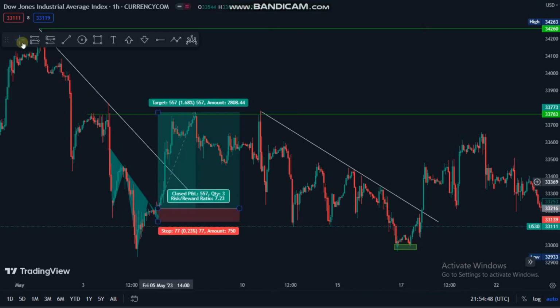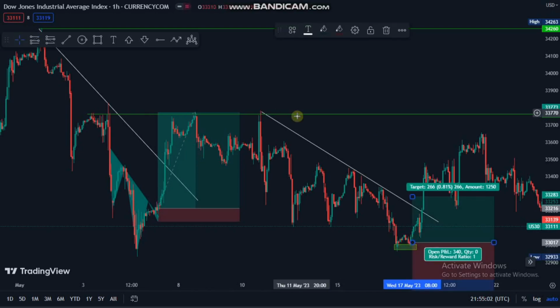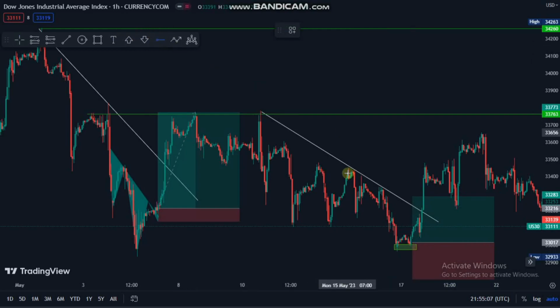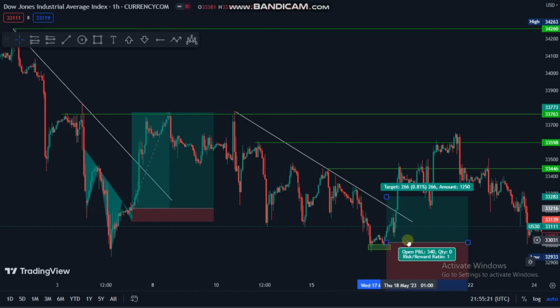So this right here, I'd place my entries right over here, right? Then my overall targets would be there, but this is why we have first TPs, second TPs, and third TPs, and so forth and so on, right? So this, my stop loss would be, so let me just place this right here, right?